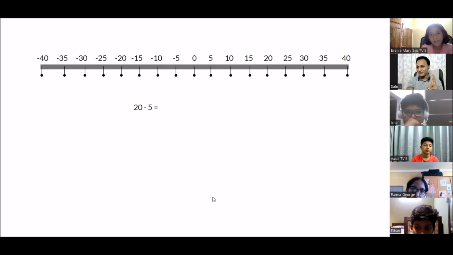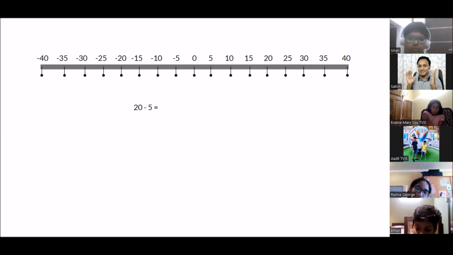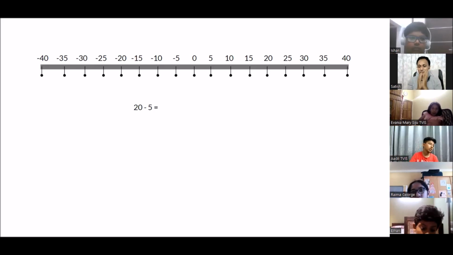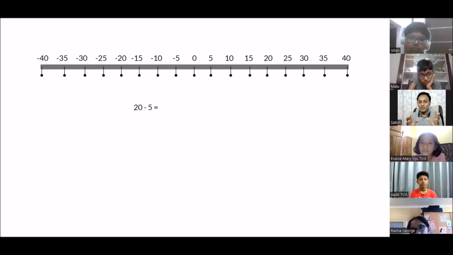20 minus 5 is like you have 20 rupees with you and somebody is asking 5 rupees from you. It could be a shopkeeper, it could be your friend. You have 20 chocolates with you. Somebody is asking, can you give me 5 chocolates? 20 minus 5 is as simple as that. Or you have 20 friends, you are going for a movie and 5 friends are telling, we are not coming.